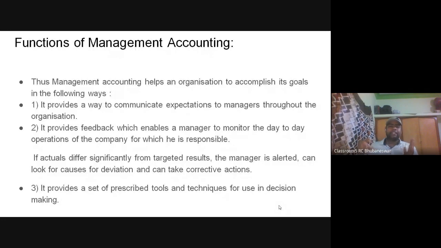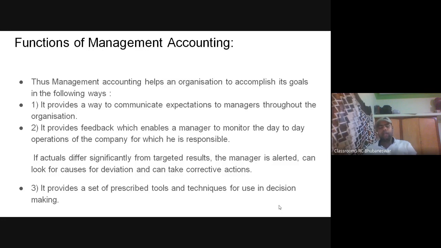Then we will fix responsibility, and we will hold that particular department or official responsible: why you didn't perform as per the expected, targeted or standard one. In this way we will have a check upon our spending, the negative unfavorable part in the production process or the cost part.